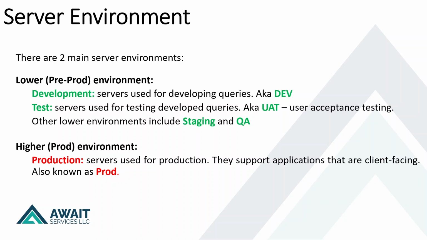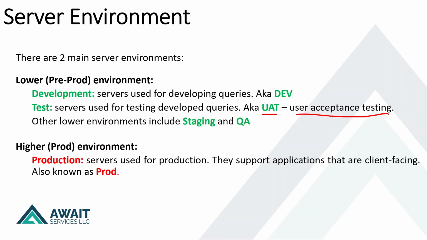These are servers that are used to test a query or queries that are already developed to see if they meet certain standards, based on what the customer wants or the business need. Test servers are also known as UAT, and UAT stands for user acceptance testing.